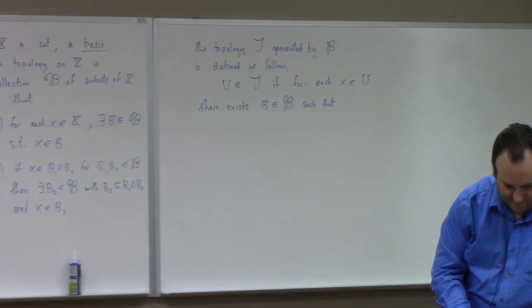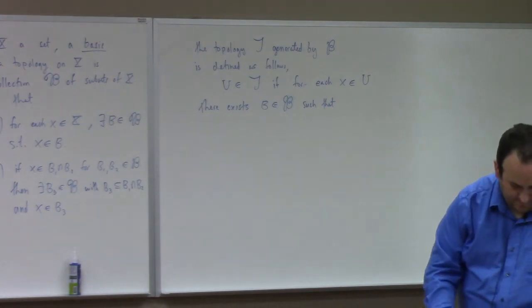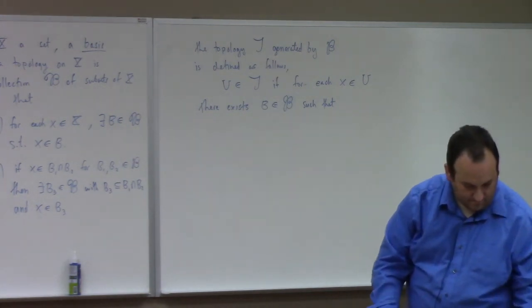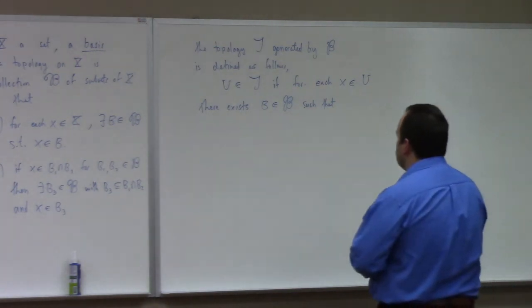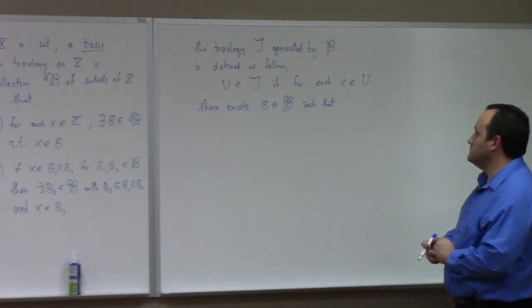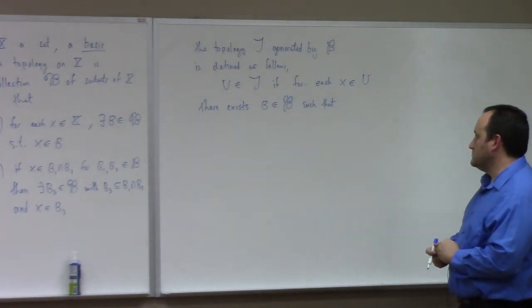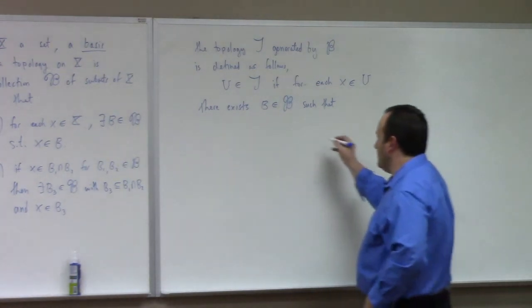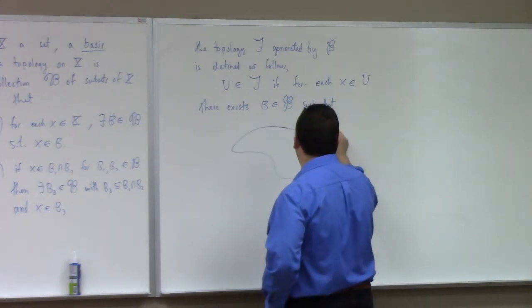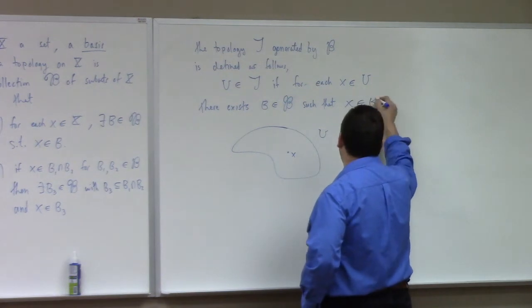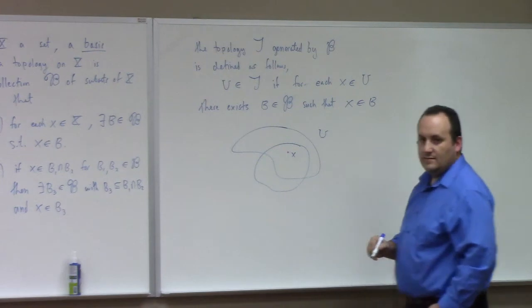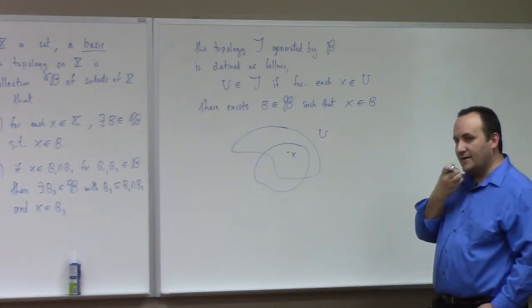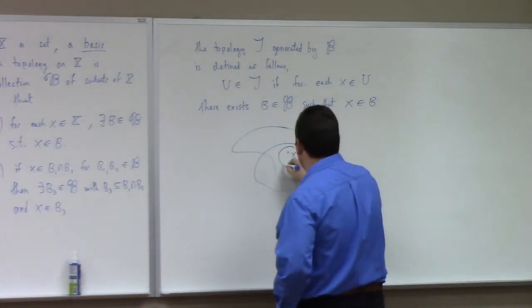Take a guess, guys. So we've got U, right? x has to be an element of B. And can B look like this? No. B has to be like that.